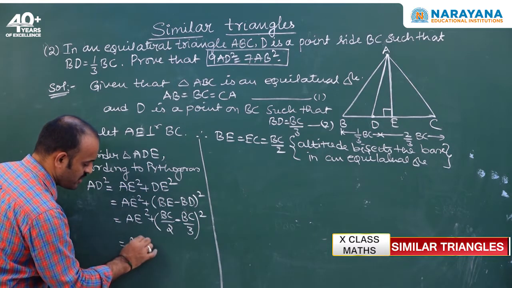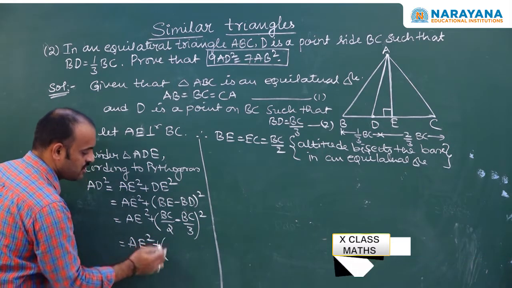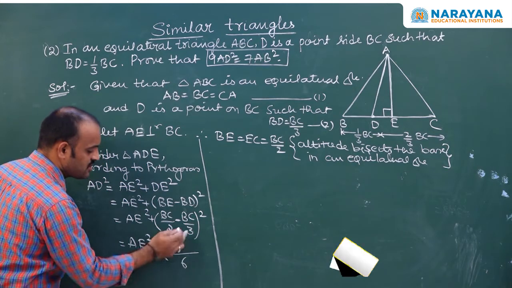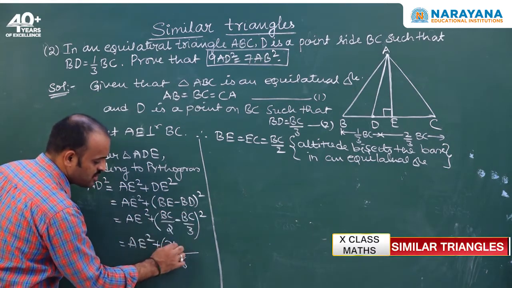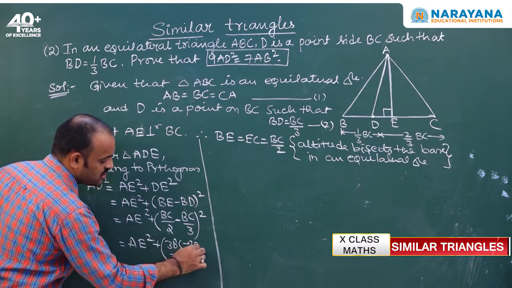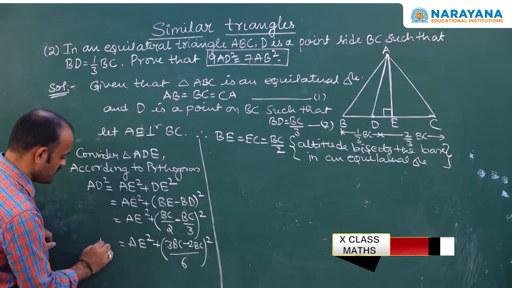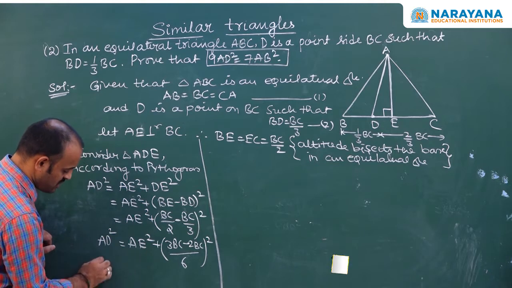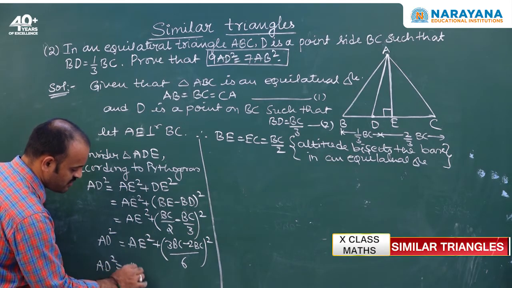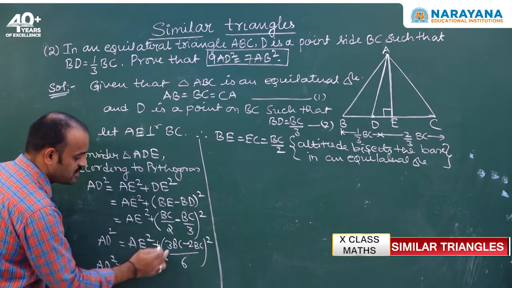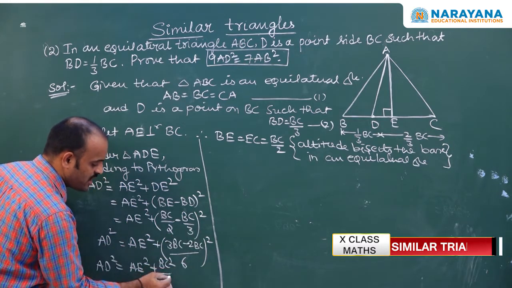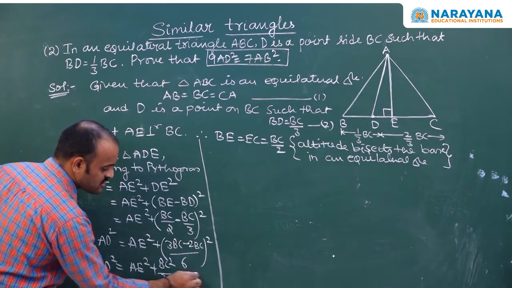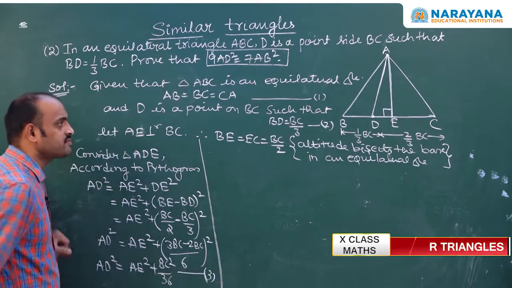Therefore, AE square plus, for 2 and 3 LCM is 6, 3BC minus 2BC whole square by 6 square, which is nothing but AD square. So AD square is equal to AE square plus BC square by 36. This is equation number 3.